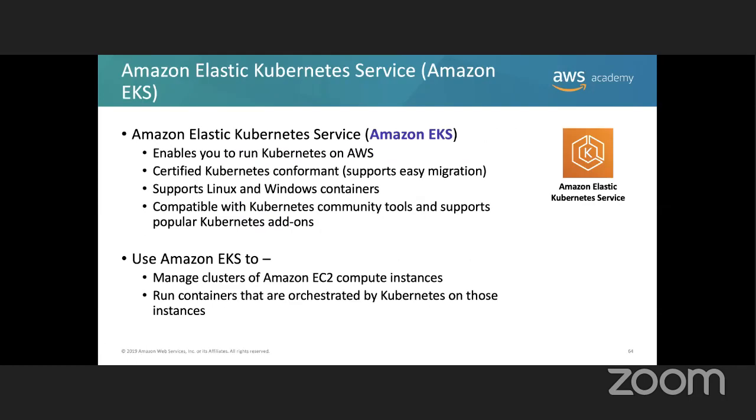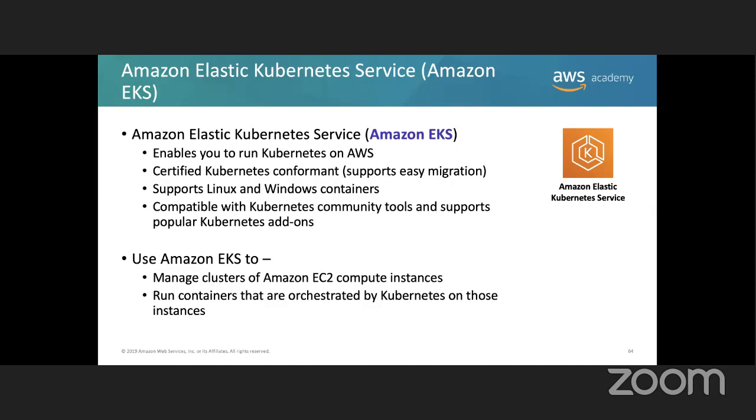Now, Amazon Kubernetes, also known as EKS, you can run Kubernetes on AWS because you have this service, EKS. As I said before, Kubernetes is a third-party service, right?